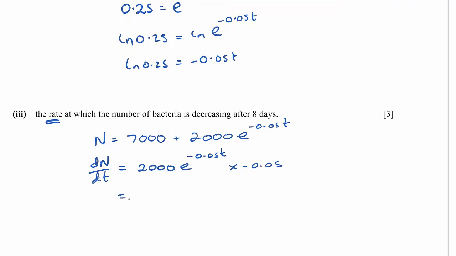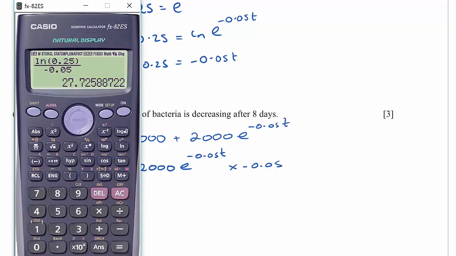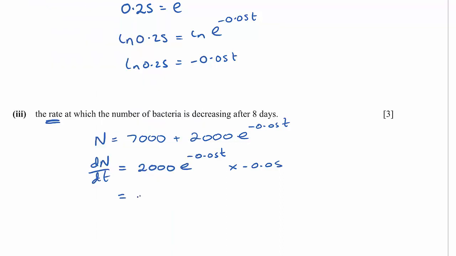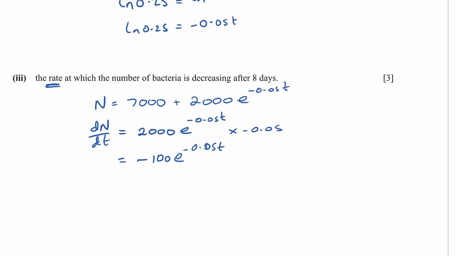And so if we just quickly do 2,000 times 0.05, that gives me 100. So we've got negative 100 e to the negative 0.05 t. So now we want dN dt evaluated when t is equal to 8. So that's going to be negative 100 e to the negative 0.05 times 8.